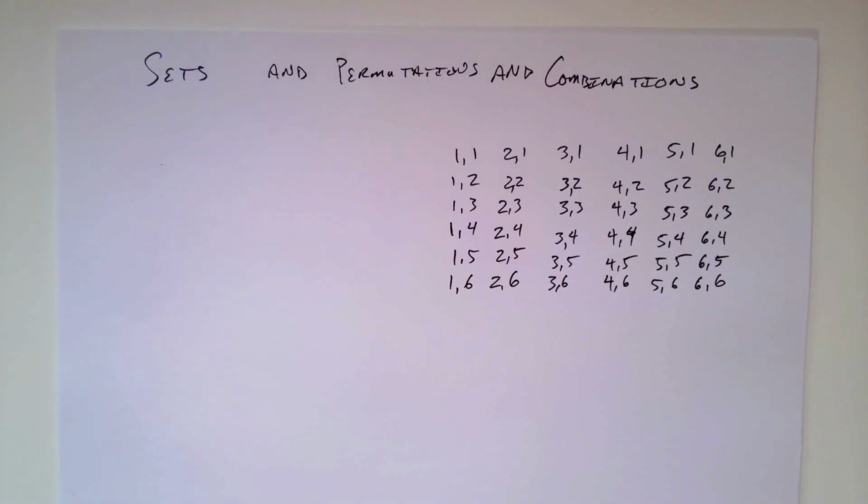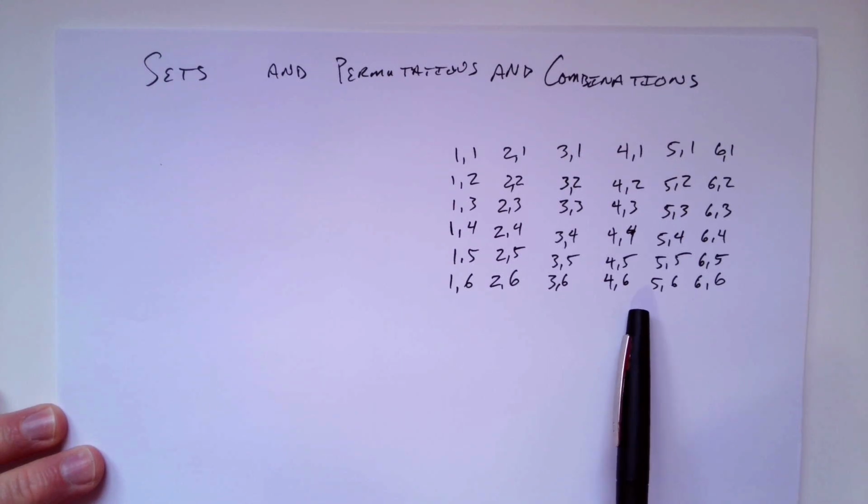Well, the truth of it is, flipping the coin 10 times and coming up with heads 10 times is just as probable as coming up with an equal number of heads and tails. That may seem a little weird, but in my finite math class, for those of you who are in there, we're going to actually look at that in the next unit and see how those are actually the same event in terms of likelihood. Not necessarily the same event in terms of outcomes, but the same event in terms of likelihood.